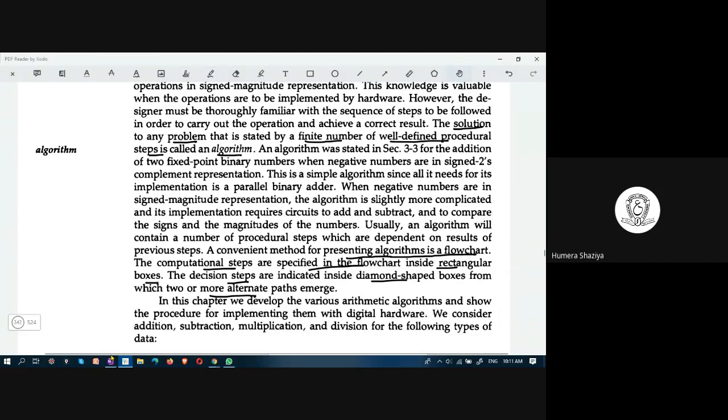I hope you know flowchart. A flowchart is a pictorial representation of an algorithm. It has symbols. For instance, a rectangular symbol that includes the computational steps, and a rhombus or a diamond-shaped box that makes a decision. And out of a decision, two or more alternate paths emerge. For yes, one path; for no, another path.